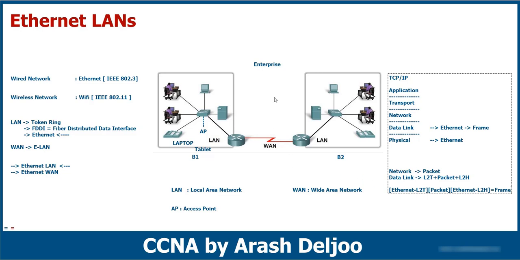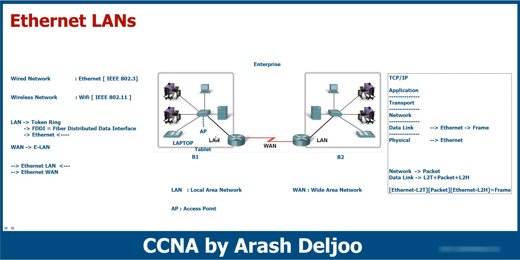Until now, we know that one enterprise has two parts in most cases, LAN and WAN. All of the LANs and WANs of one enterprise can, for example, create the enterprise computer networks. And you know that the goal of these networks is forwarding data or delivering data from one device to another device. You know it, okay?